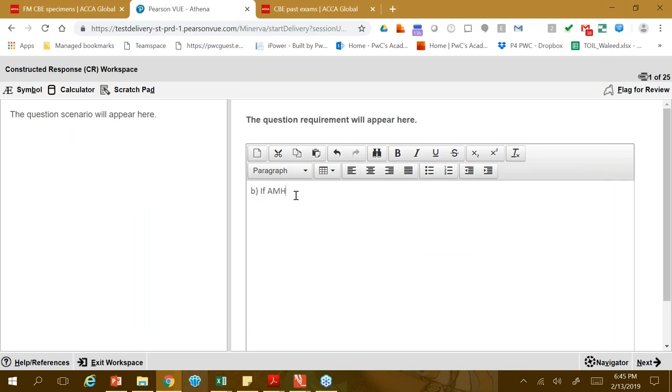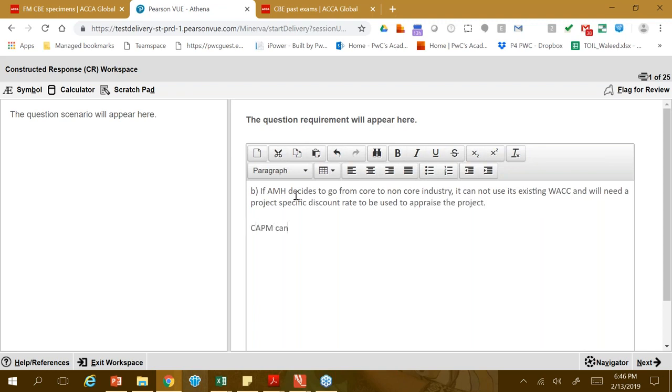If AMH decides to go from core to non-core industry, it cannot use its existing WACC and will need a project specific discount rate to be used to appraise the project.